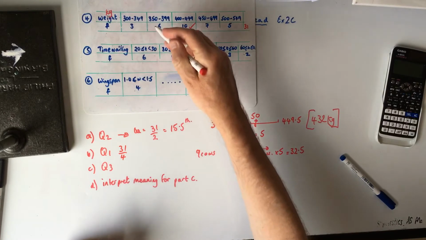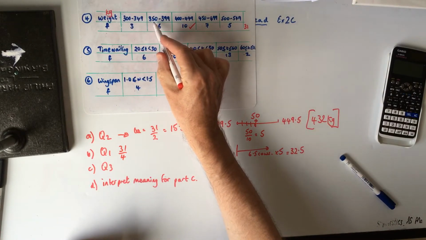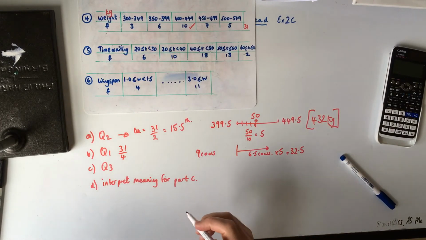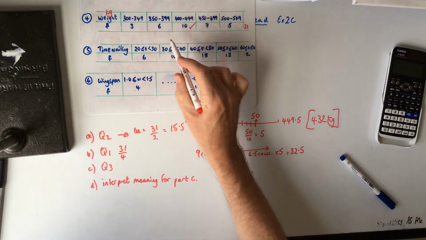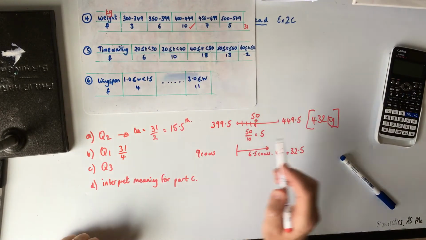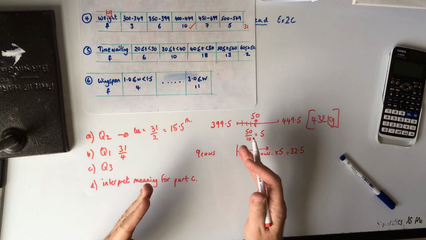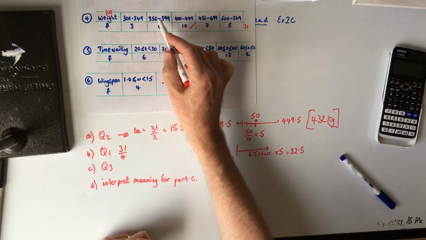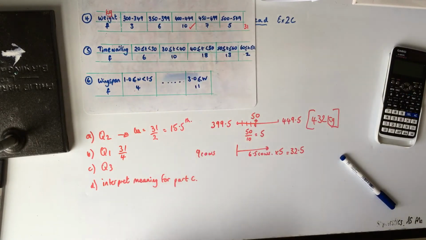This group starts at 349.5, you know, half before that, and so you take off 3 from your 7.75, which is 4.75. So you're going 4.75 into this group. So you're dividing 50 up by 6. It's not going to be a nice whole number, but that's how you do it.